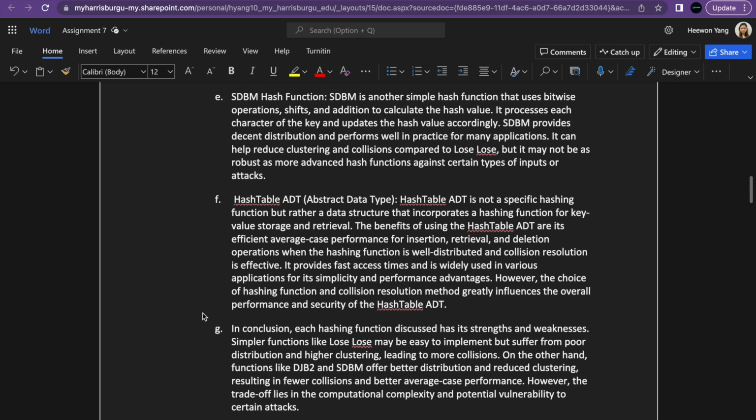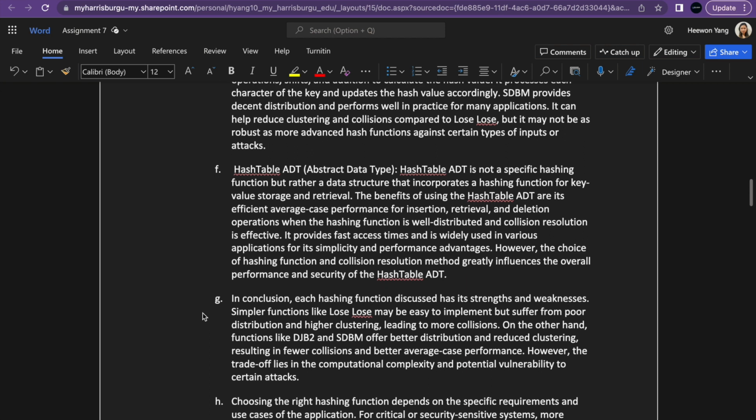Next we look at the hash table ADT, the hash table abstract data type. The hash table ADT is not specifically a hash function, but rather a data structure that incorporates a hashing function for key value storage and retrieval. The benefits of using the hash table ADT are its efficient average case performance for insertion, retrieval, and deletion operations when the hashing function is well distributed and collision resolution is effective.